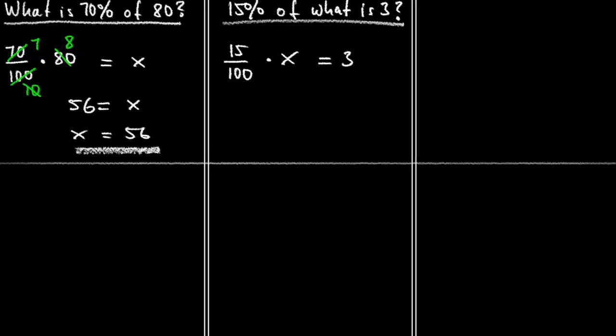Dividing by 15 over 100 on both sides of the equation isolates the x, because we can cancel out the 15 over 100 on the left-hand side.